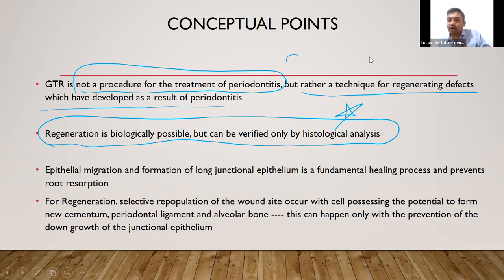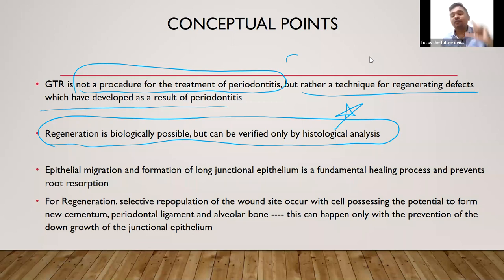Why is regeneration not 100% confirmable? What is the definition of regeneration? Periodontal regeneration means formation of new cementum, new alveolar bone, and new periodontal ligament fibers. Can you see PDL in an IOPA? You cannot. Can you appreciate cemental growth in an IOPA? You cannot. If it is bone regeneration, yes, there is a procedure known as guided bone regeneration, which we do for implants, and that we can confirm by IOPA.